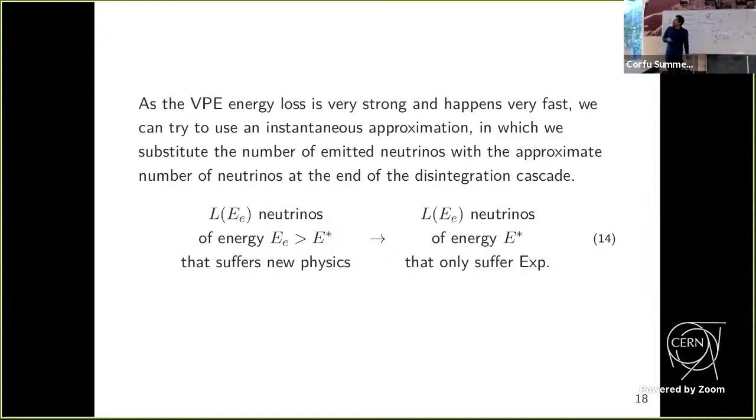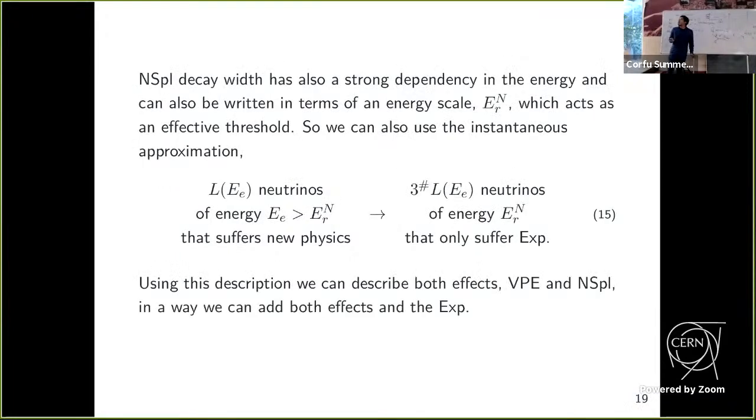This can be done also for the neutrino splitting, because the neutrino splitting has formally the same dependence on the energy as the pair production, and also can be written in terms of an energy scale.